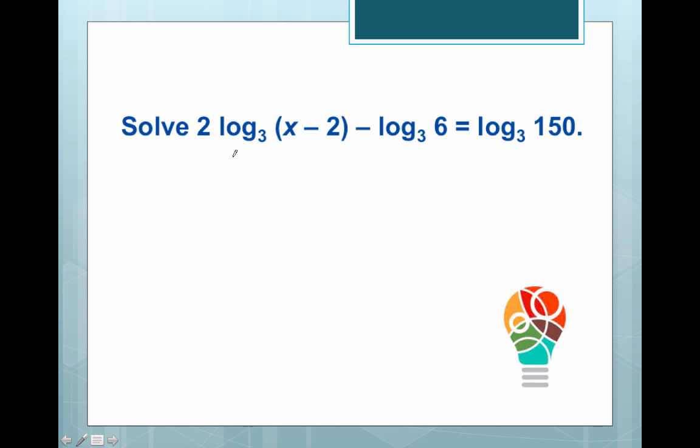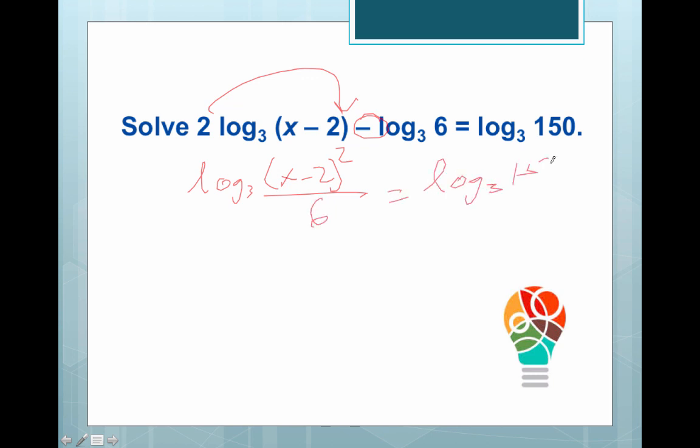Let's go with log base 3 of x minus 2 squared. And then I'm going to make this x minus 2, and this is a subtraction, so I'm going to put it over 6 equals log base 3, 150.